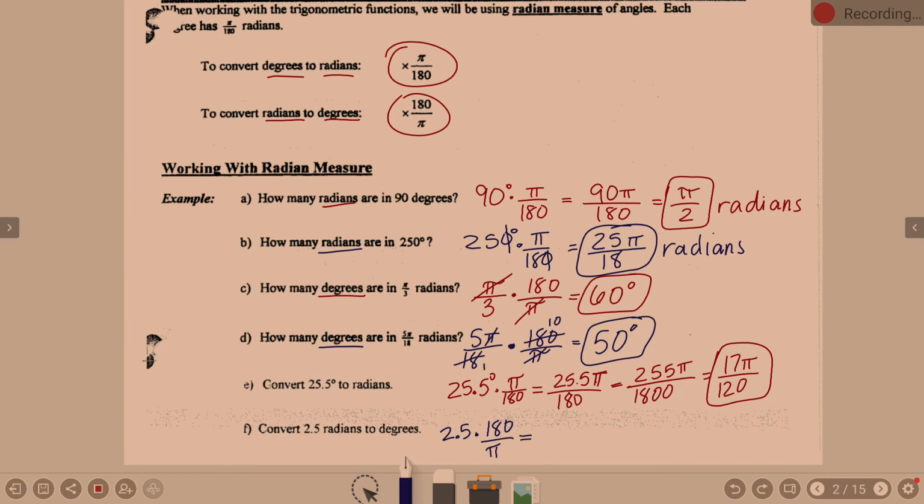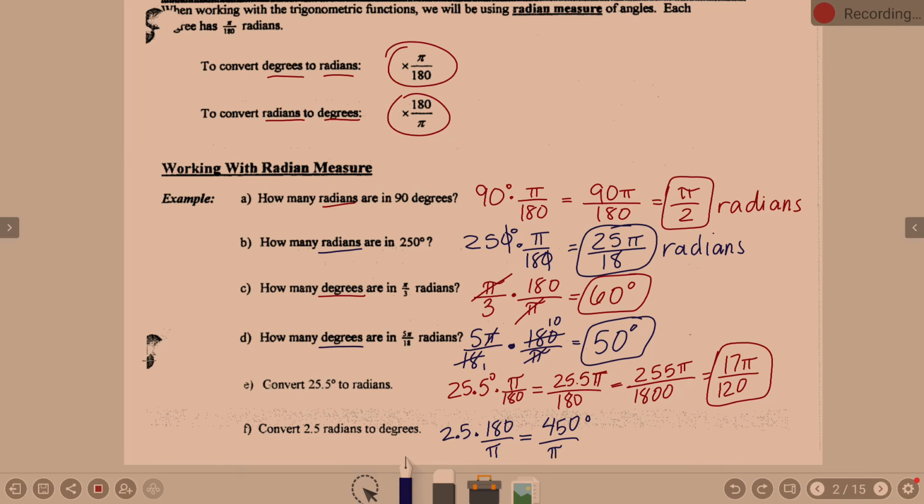If we go ahead and multiply across, 2.5 times 180 is 450. So this is 450 over pi, and officially this is 450 over pi degrees, which is just not how we usually talk.